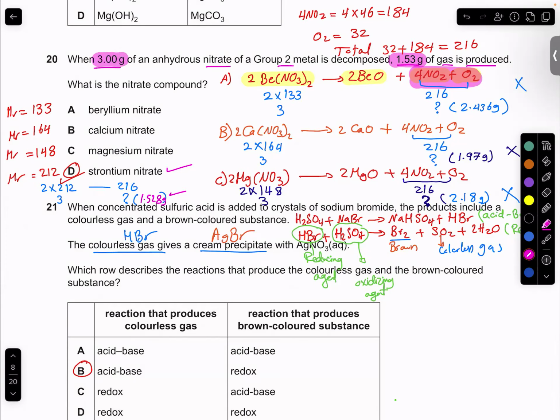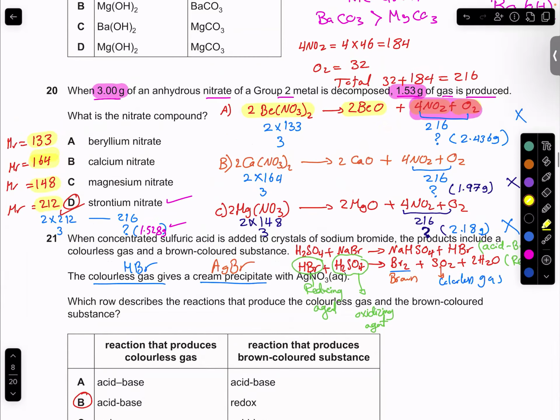First, find the Mr of each compound: beryllium nitrate 133, calcium nitrate 164, magnesium nitrate 148, and 212 for strontium nitrate. When we write this equation, don't forget the total mass of the gas produced based on the number of moles.